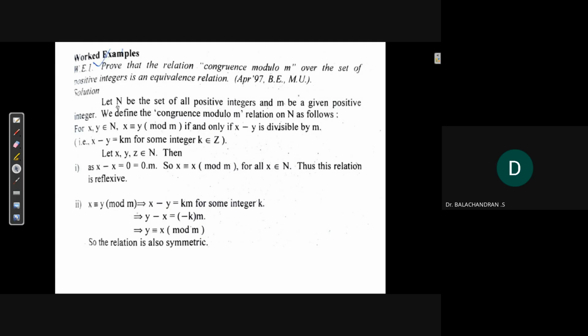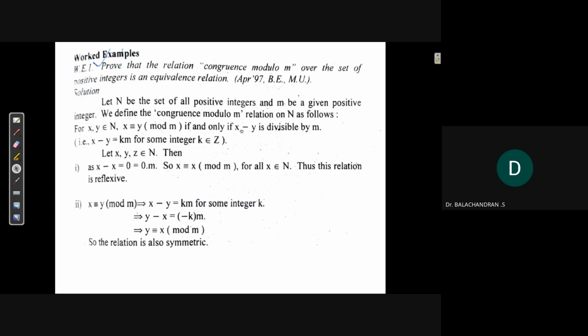First they define N as the set of all positive integers, and m is a given positive integer. We define the congruence modulo m relation on this set N as follows: for x comma y belonging to capital N, x is congruent to y mod m if and only if the difference x minus y is divisible by m.